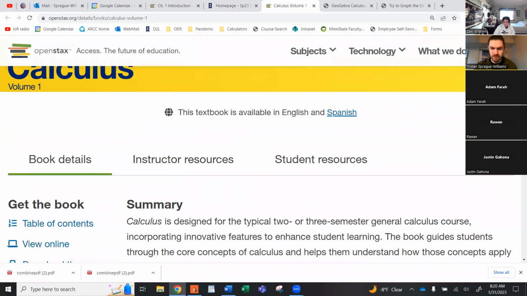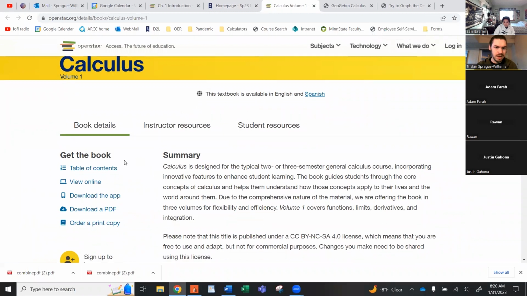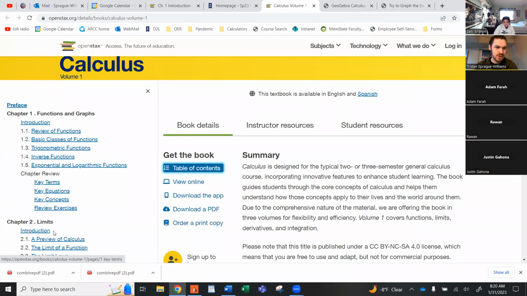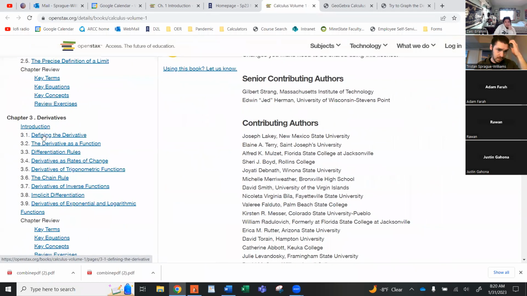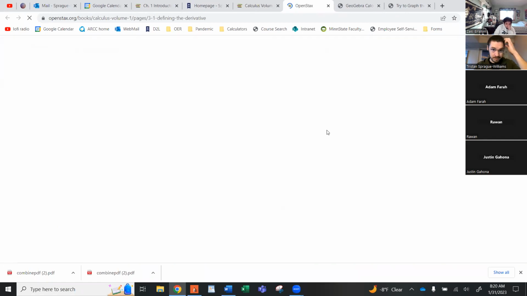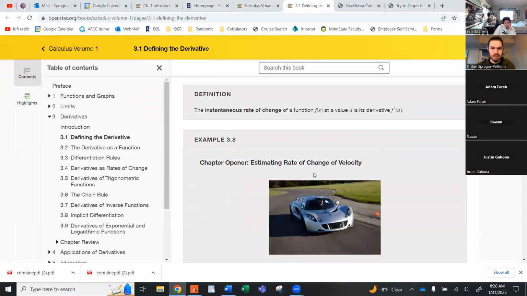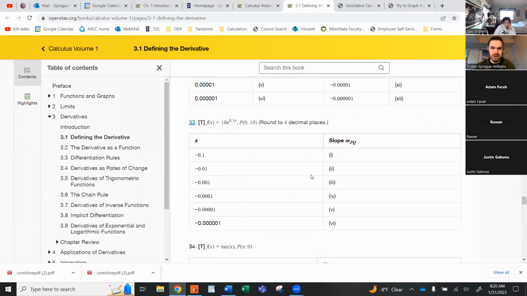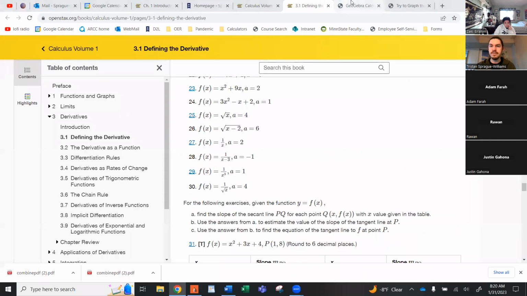It's a link that says textbook. It's very aptly named. And then you navigate the textbook through here. So table of contents, chapter 1, chapter 2, chapter 3. So we're in chapter 3 now. So you want to do homework for chapter 3, 3.1. And it's down here. Here it is. Okie doke.